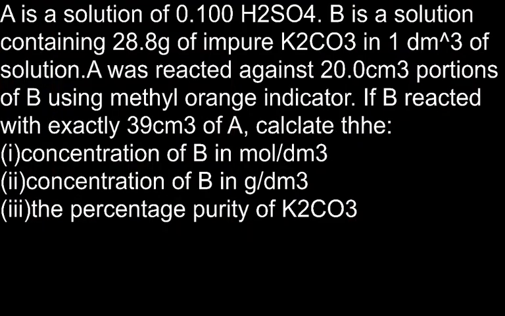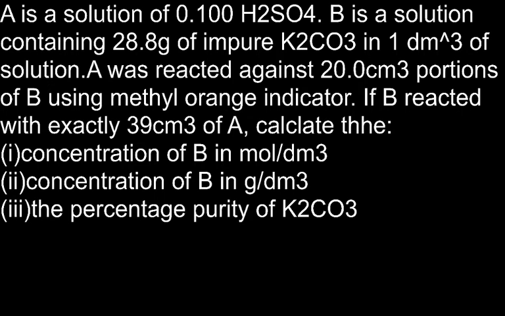There are important things I want you to take note of in this question. Look at where we have B is a solution containing 28.8 grams of impure potassium carbonate. I want you to underline that word, impure.